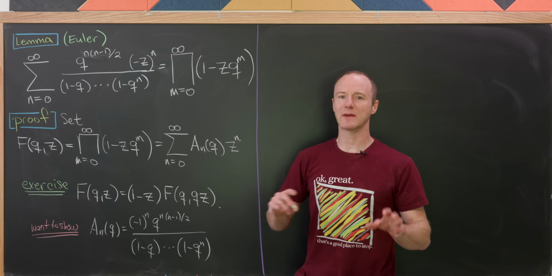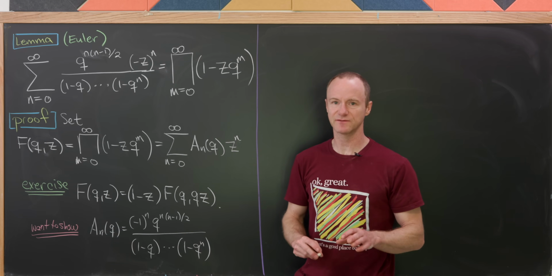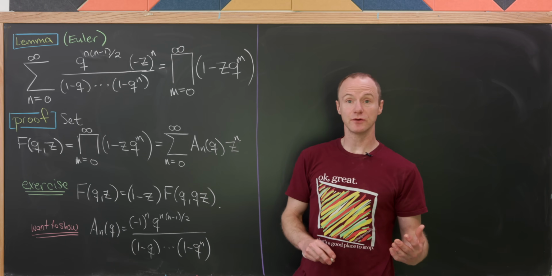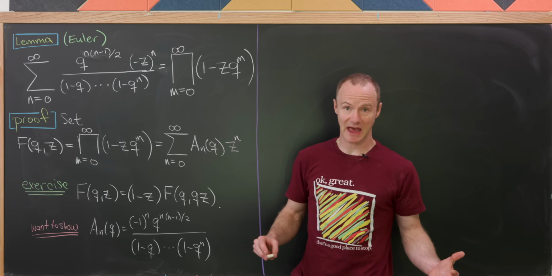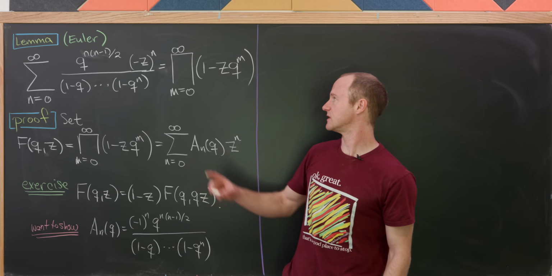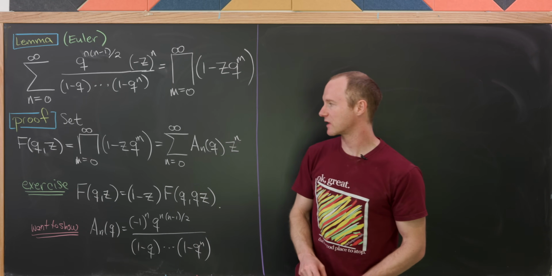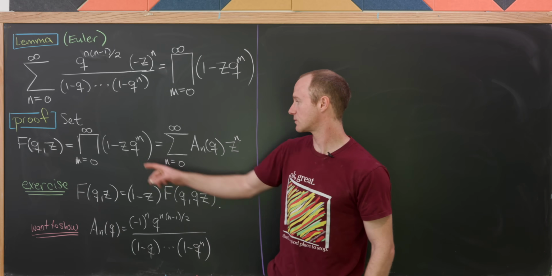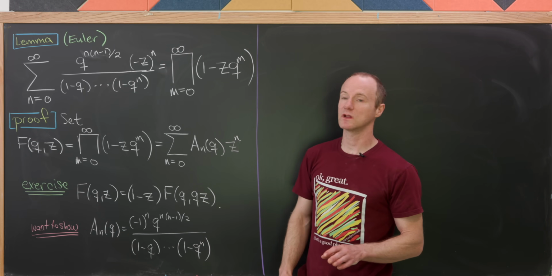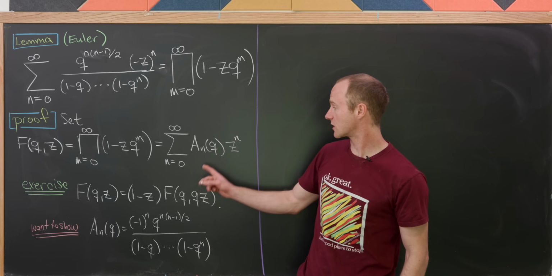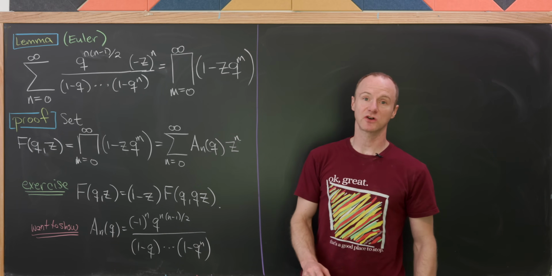So I'm going to wave my hands at parts of this proof because it's very, very similar to what we did before. So we're going to reuse our function name, capital F, but now it's going to be for this right-hand side. So again, we're letting capital F of qz equal this product. And then we'll expand that as a power series in z, meaning the coefficients are functions of q.